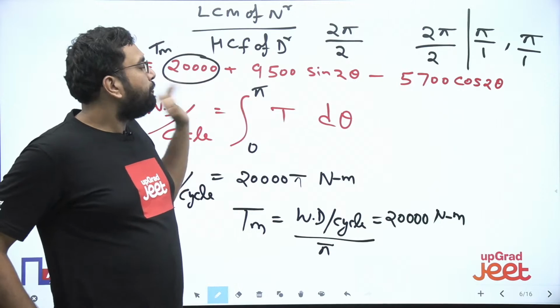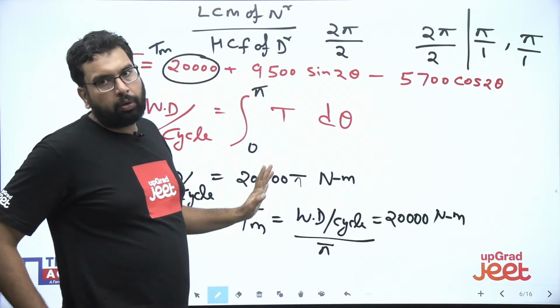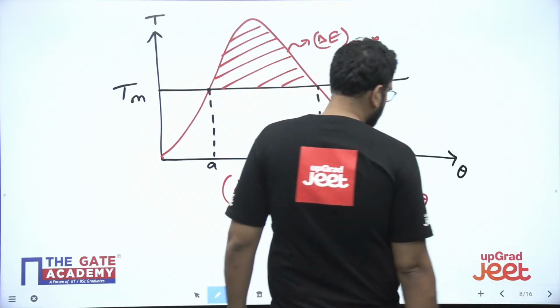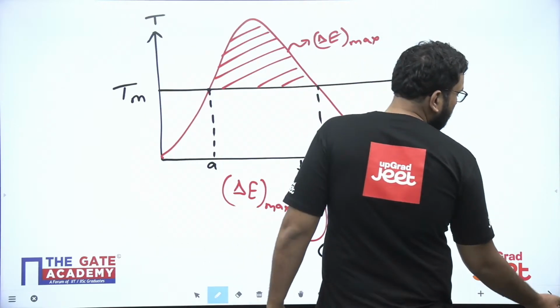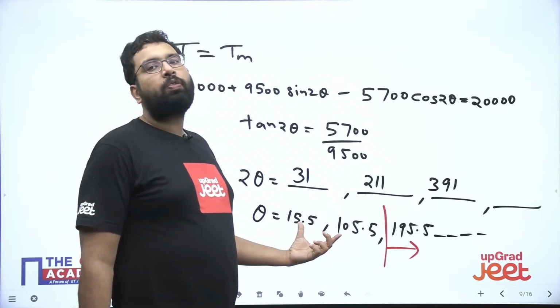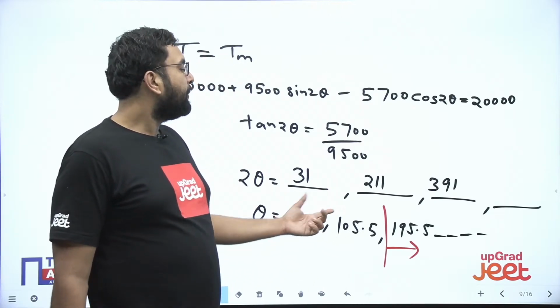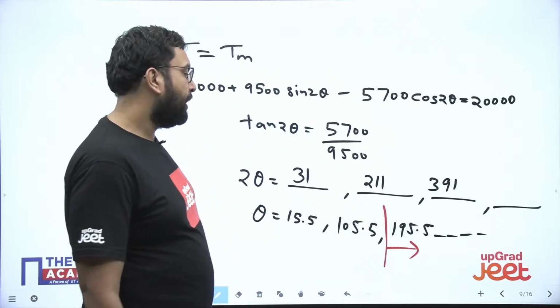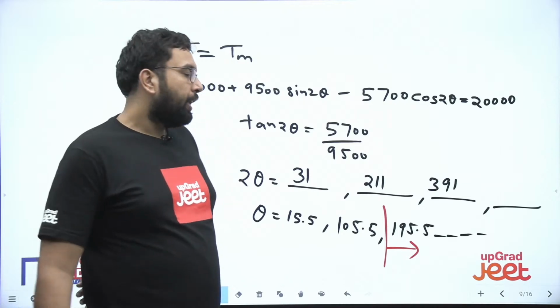If you take 3 pi also, you will be getting 20,000 only. But the difference comes here: if you do not choose the right cycle, and let's suppose we have considered 2 pi, then we have to see the integration between 15.5 and 105.5 and then 105.5 to 195.5. Are you getting my point, beta? So don't do that.